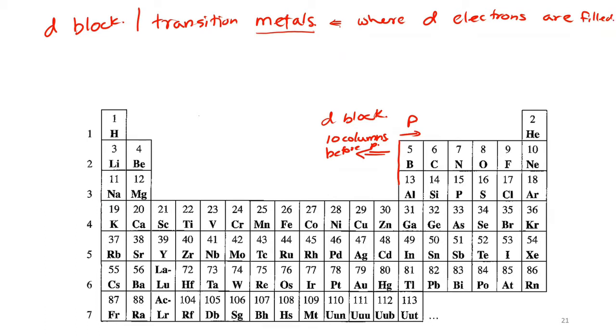So even though we say this block contains transition metals, things in the first column and the things in the 10th column are not actually considered as transition metals.